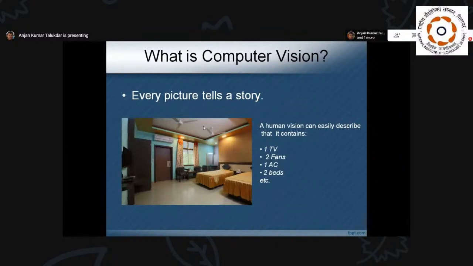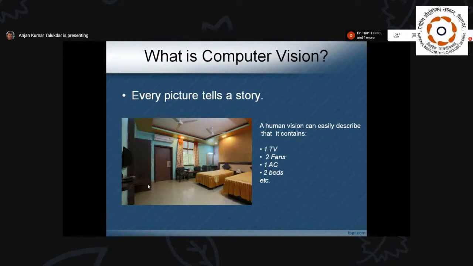If a human is asked what he or she has seen in this picture, he or she will quickly give answers like, I have seen a TV, or I have seen two fans, one AC, two beds, etc. So it is not a difficult task for an adult human being to describe this image in various ways.